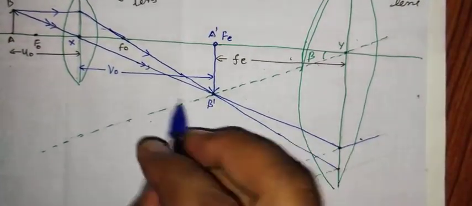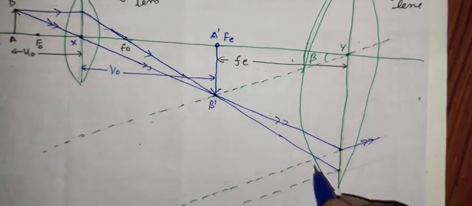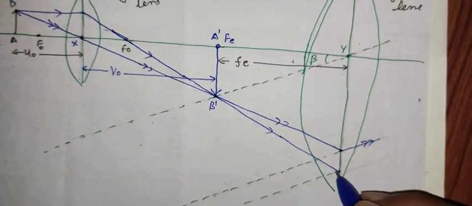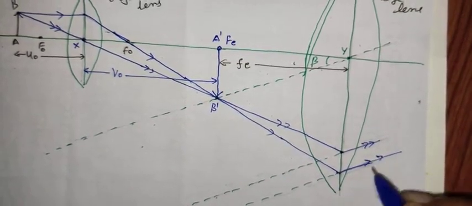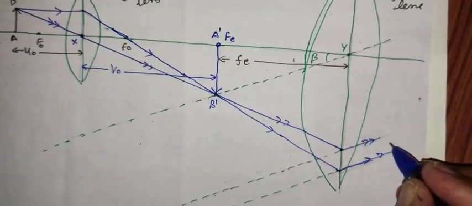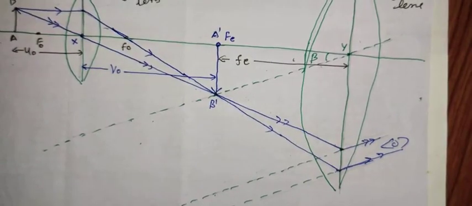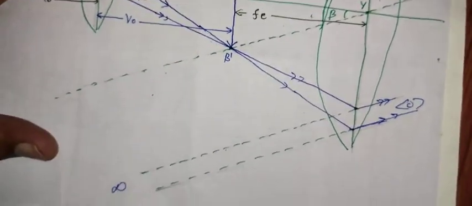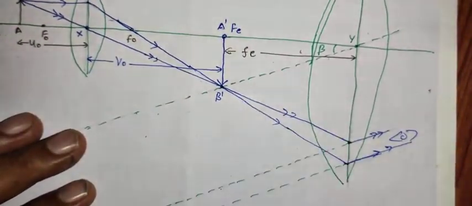The second ray and the first ray move in these directions. So it seems the final image is formed at infinity. Now see the whole diagram for the relaxed eye.